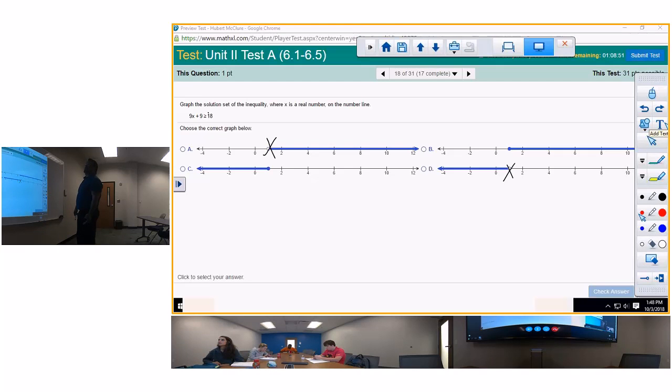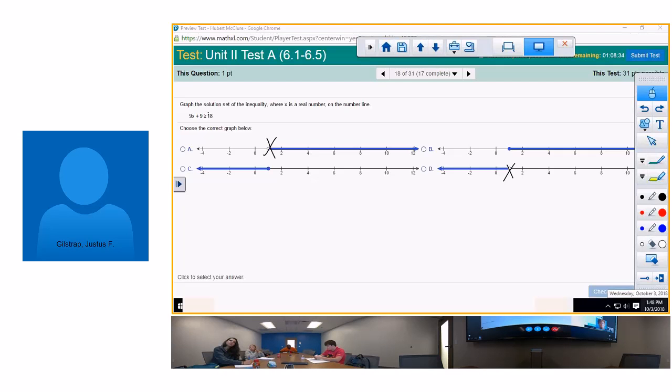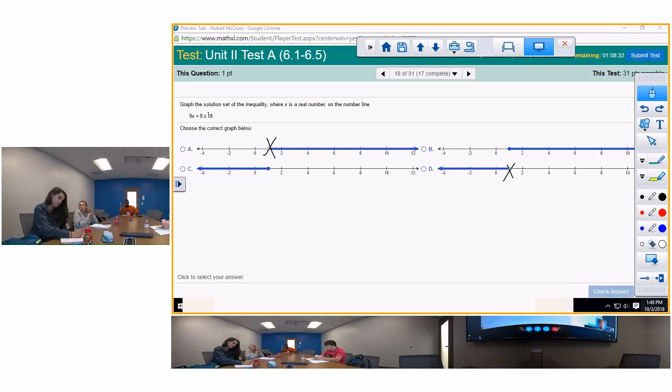So 18 minus 9 is what? 9. X is greater than 1. Where do you see X is greater than 1? B.